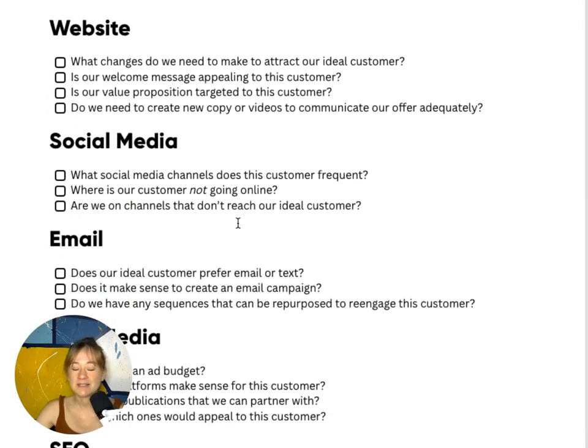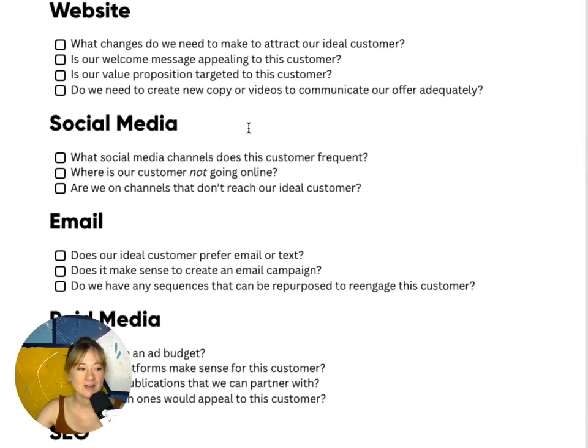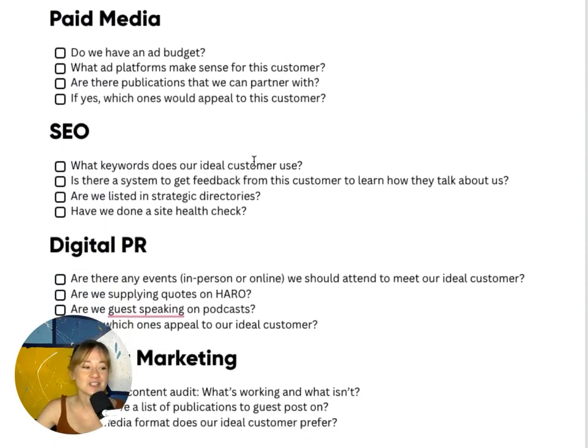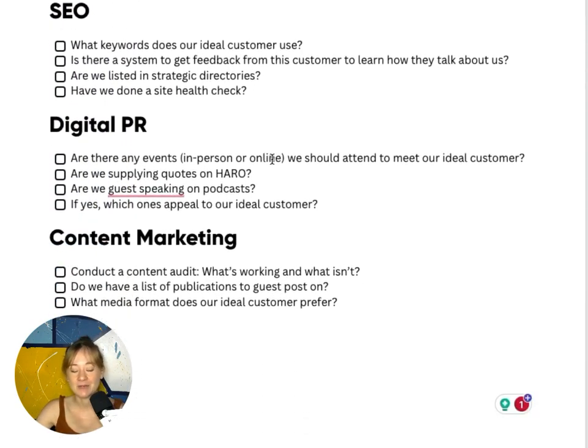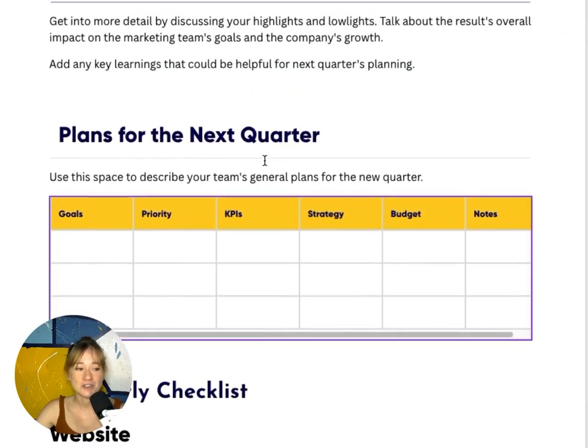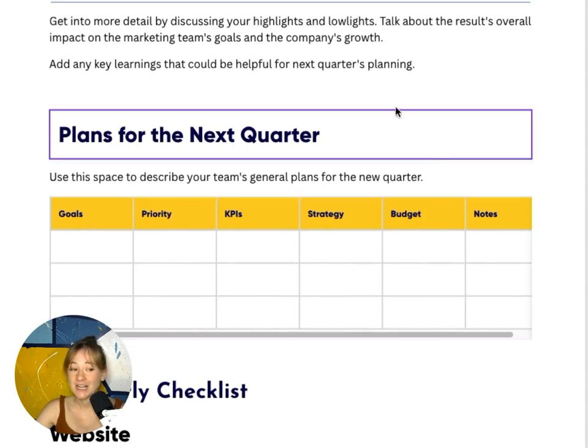I've broken it down into everything I can possibly think of. So we have all of the things that you might need to do to reach these goals for website, social media, email, paid media, SEO, digital PR, content marketing. I hope this gives you a good idea of how you can do it. These are plans for next quarter.